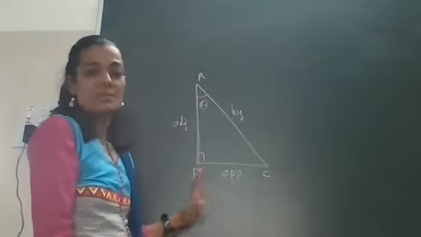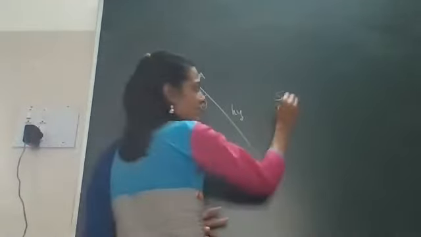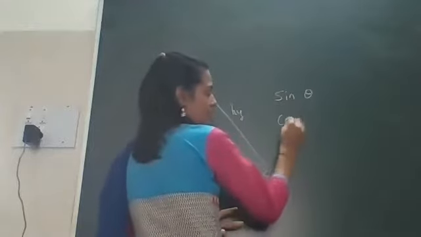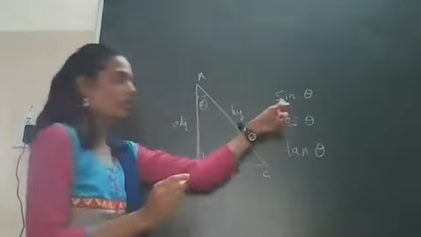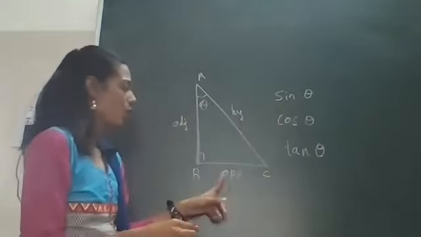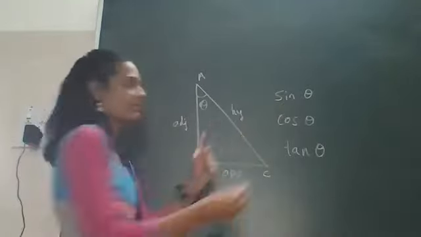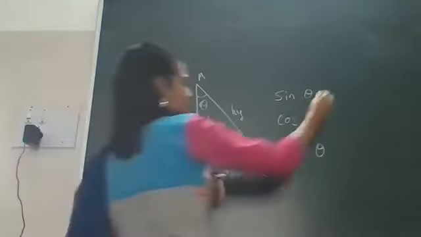Yesterday we did sine theta, cos theta, and tan theta. Sine theta is equal to opposite upon hypotenuse. So opposite is BC upon hypotenuse AC.